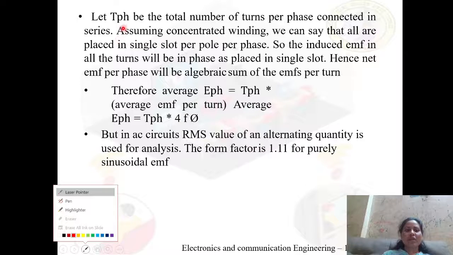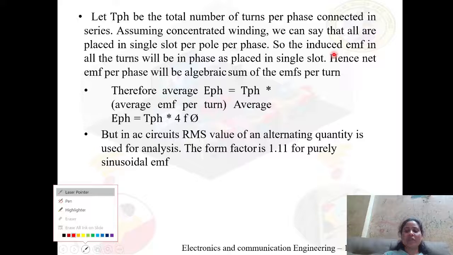If we consider TPH as the total number of turns available in a single phase in series, then assuming the concentrated type of winding, because in concentrated winding, since all the conductors are placed in a single slot, there will not be any phase shift, right?